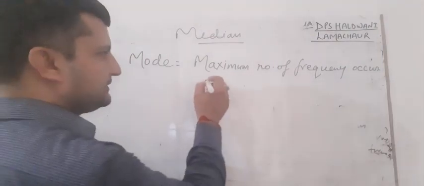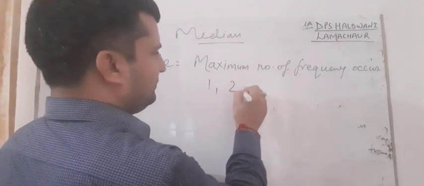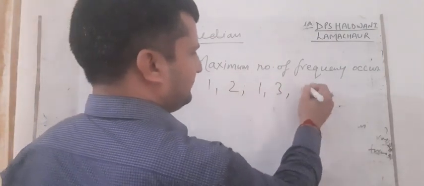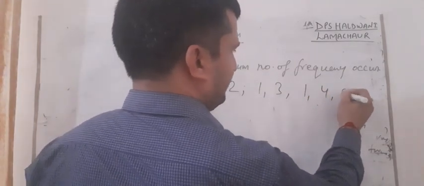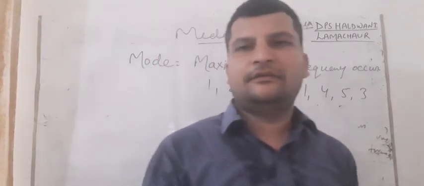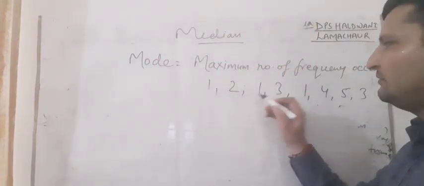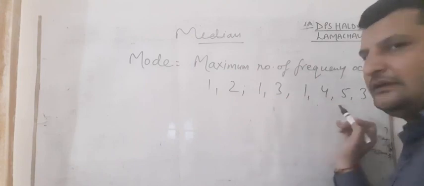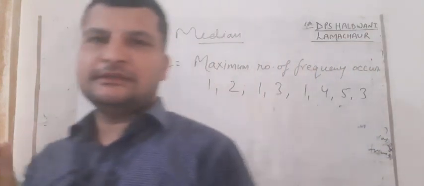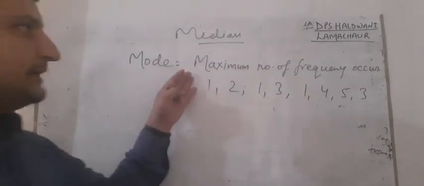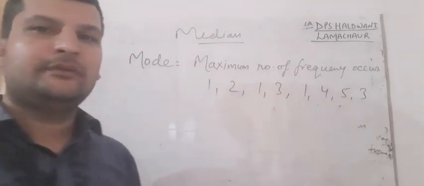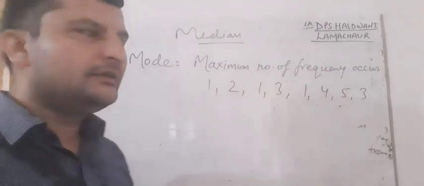Suppose I am taking an example: 1, 2, 1, 3, 1, 4, 5, 3. So students, what do we have to find? We have to find the mode. How can we find the mode? With the help of these numbers that are given. Maximum frequency means which number is coming more times.